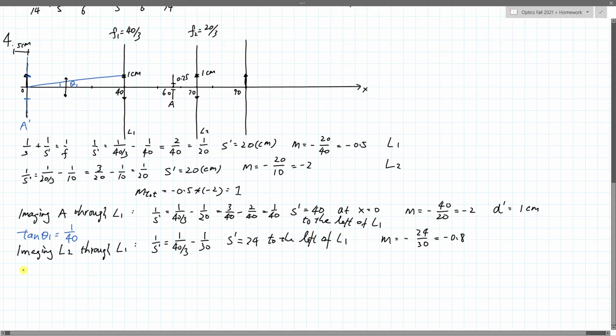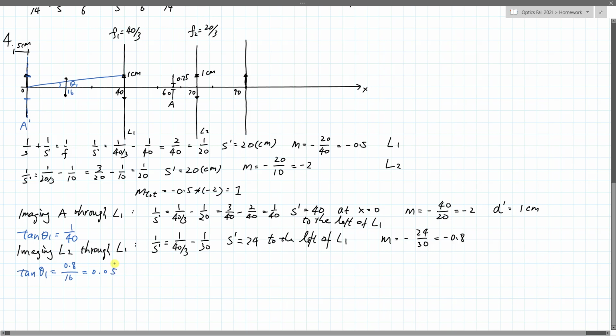So tangent theta 1 is equal to, the vertical was 0.8, so 0.8 high, and the horizontal, I should mark this location, I had 24, so the 16. 0.8 over 16, so 0.05, right?